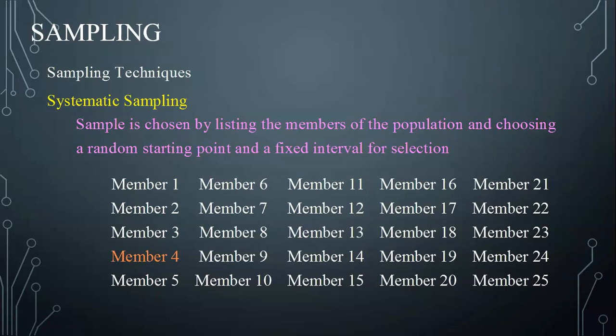And then I decide on a fixed interval for selection, which means that, for example, I decide to choose the 6th member following the previous one. So starting from the 4th member and jumping by 6 members, I get to member 10. Then 6 members later, I get to member 16. And then jumping by 6 members again, I get to member 22. So consequently, out of this population of 25 members, I formed a sample of 4 members using systematic sampling.